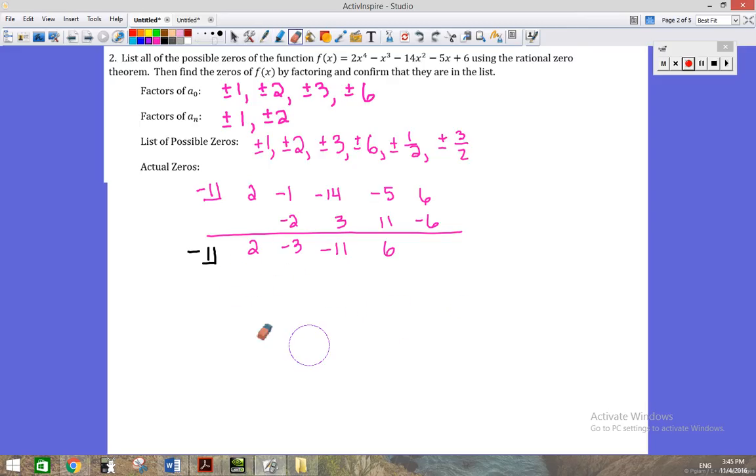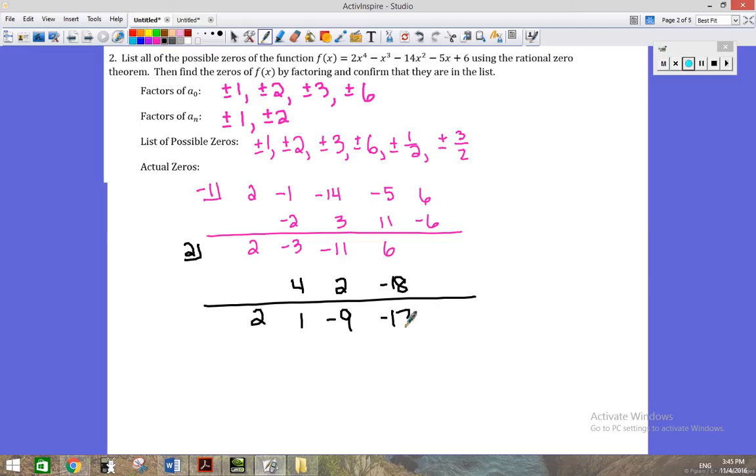All right, so let's move on in the list and let's try 2. That's not 0, so 2 doesn't work, so let's try -2. And there we have one.